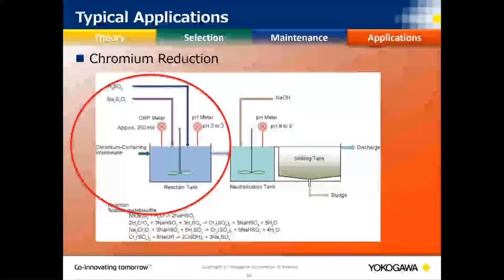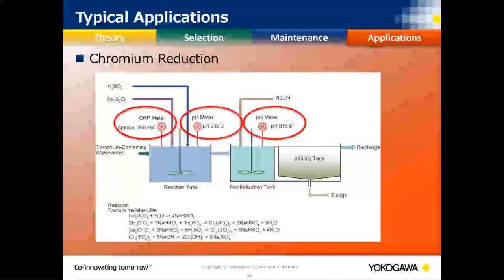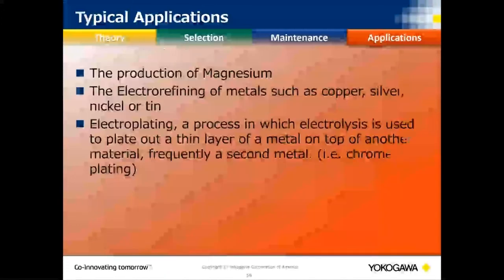We have toxic chromium and toxic cyanide. So these go through a 2-stage ORP reaction that has to happen to reduce them to the form that we can actually output into our wastewater without causing harm to our environment and ourselves.